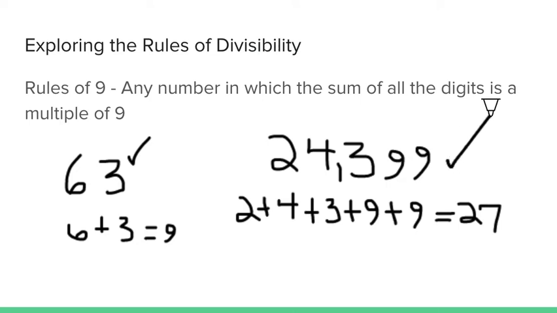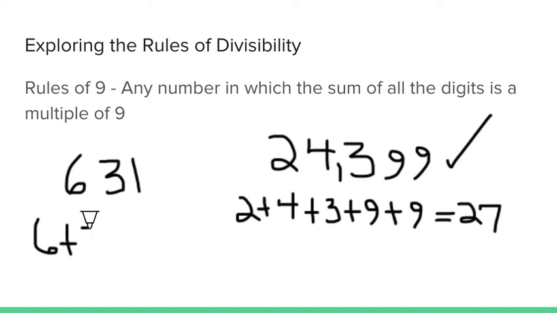Okay. Now, let's try one other number. Let's say that I were to make this 631. Well, 6 plus 3 equals 9, plus 1 equals 10.